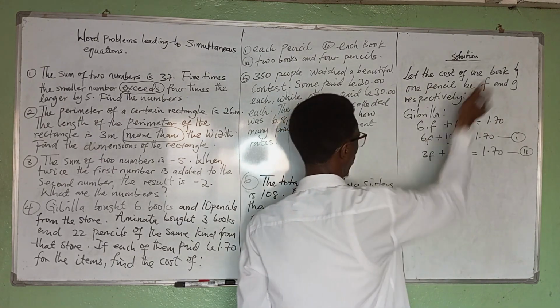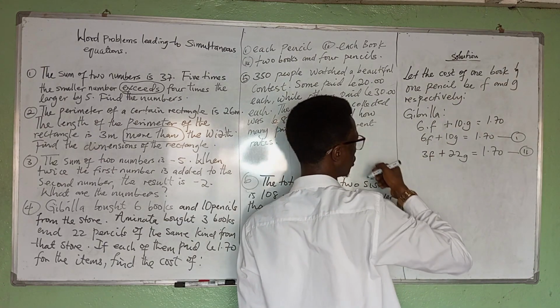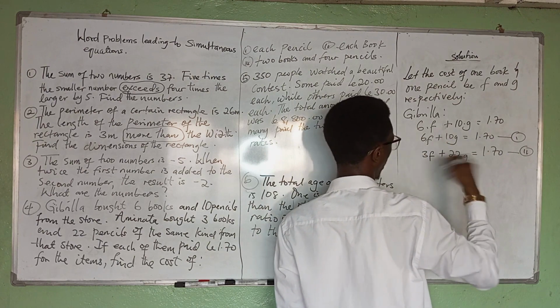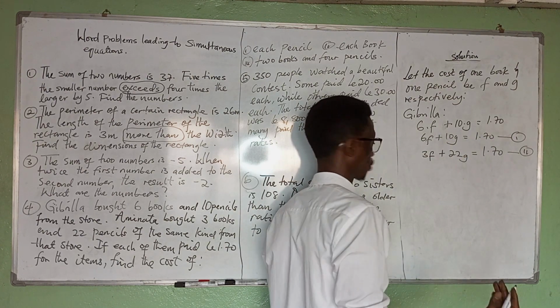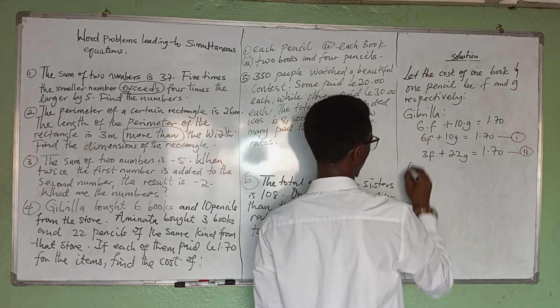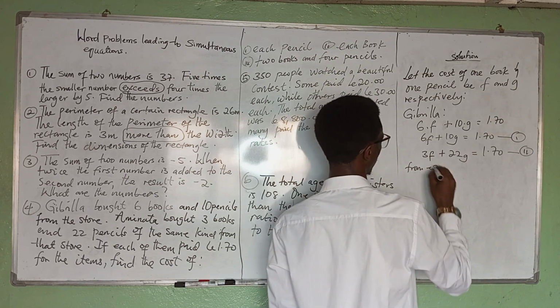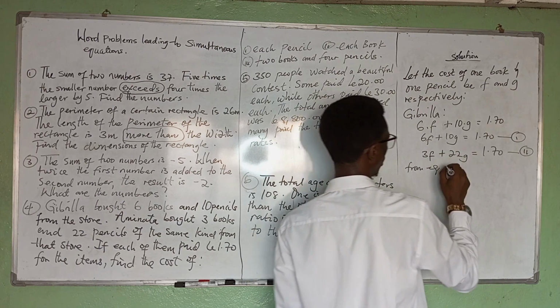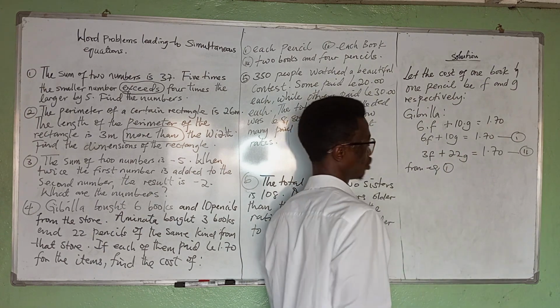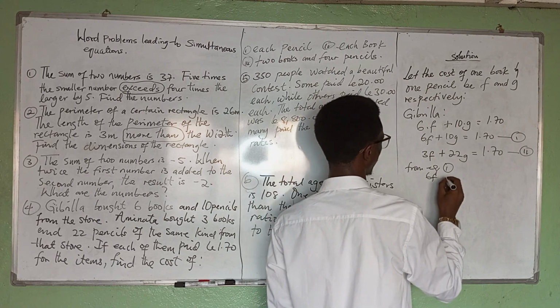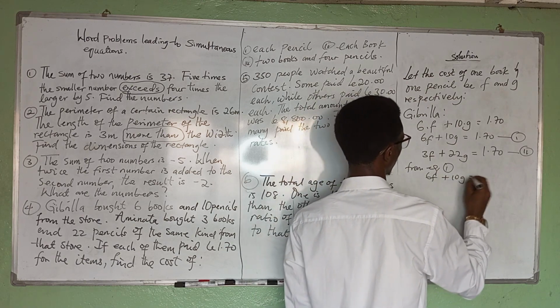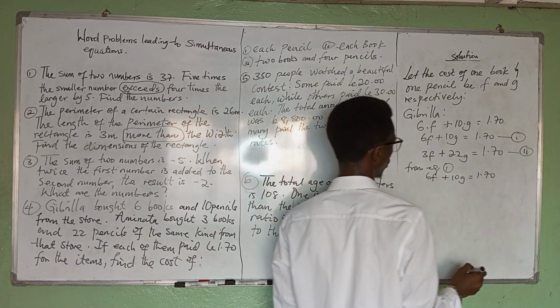Okay, so all you have to do now is just to solve these equations. So from equation 1, equation 2, whatever method you want to use, elimination or substitution. Okay, say from equation 1, I like to use substitution. So this is 6F plus 10G equals 1.70.